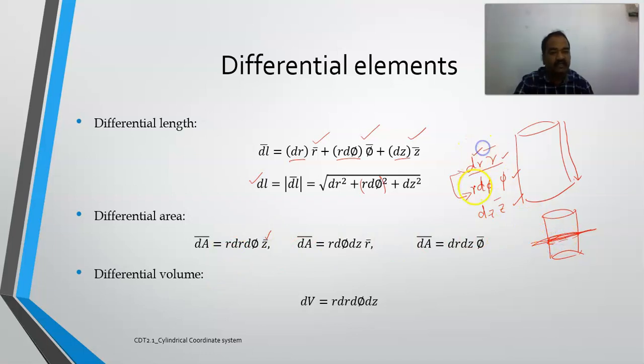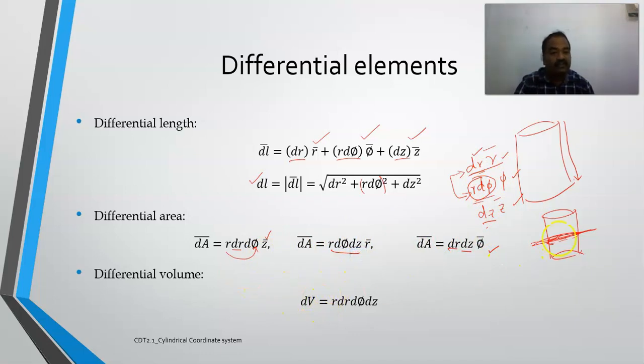For radius, dr, and for angle, R d phi. Similarly, for angle variation at constant phi, the other two variations are dr and dz. For z variation, it will be dr and R d phi. For R variation, it will be R d phi into dz. So this is for two-dimensional variation.